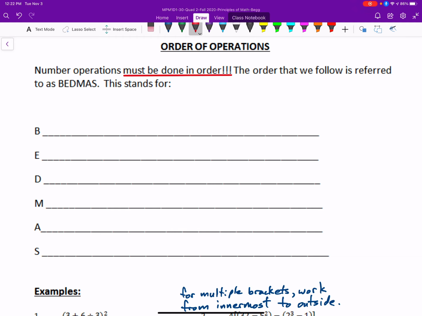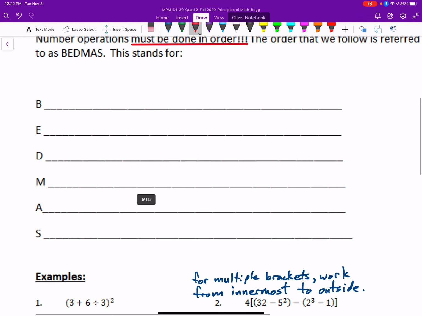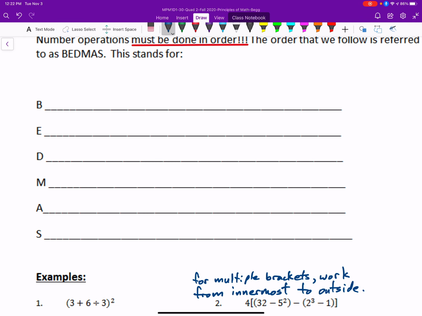So the order that we have to follow is referred to as BEDMAS. That's an acronym that helps us just remember what order to do things in. And you may already know it.